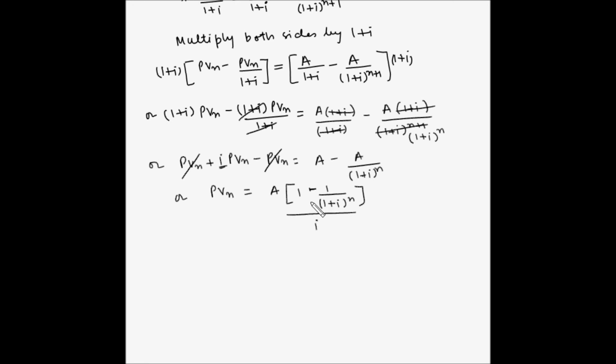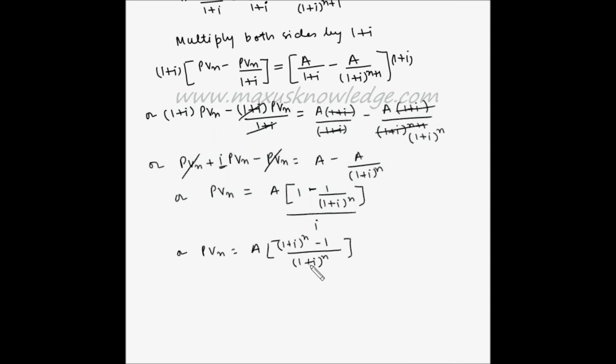So let's take (1 plus I) to the power n as LCM. So what we get is PVN is equal to A into, LCM is (1 plus I) to the power n, so here we get (1 plus I) to the power n minus 1, and this is all divided by I, so I can be brought here.